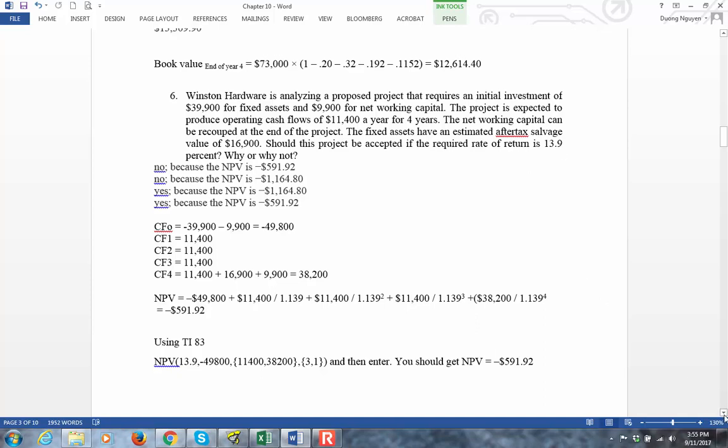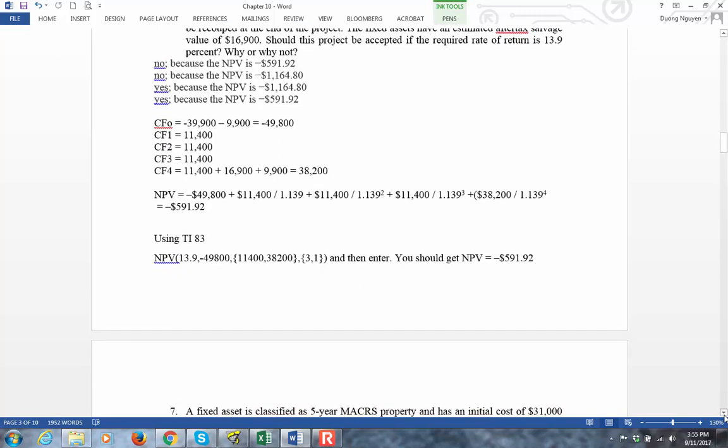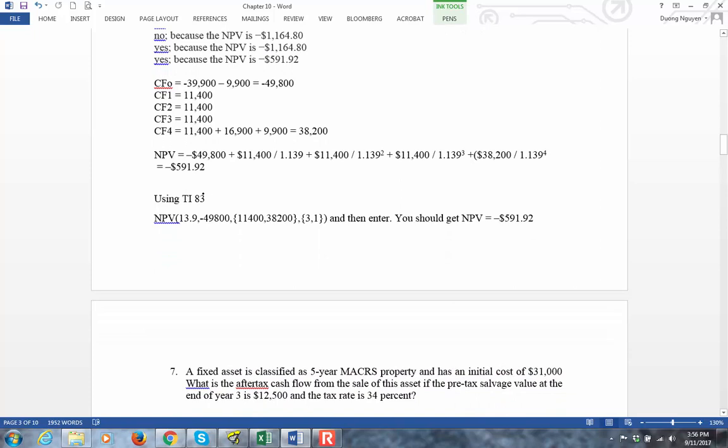Okay. So you put in the formula to get NPV with the required return of 13.9%, or you can simply use the NPV function in the financial calculator. I'm using the TI-83 or TI-84. You go to apps, choose option 7 for NPV, put in NPV, open parentheses, 13.9, which is the interest rate, cash flow at time 0, negative 49,800, open parentheses, cash flow 11,400 and 38,200.